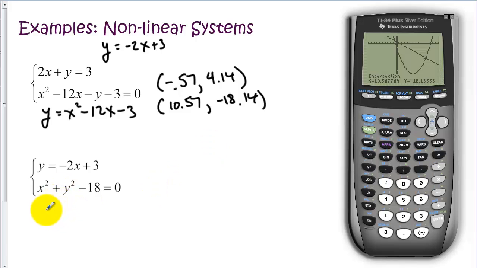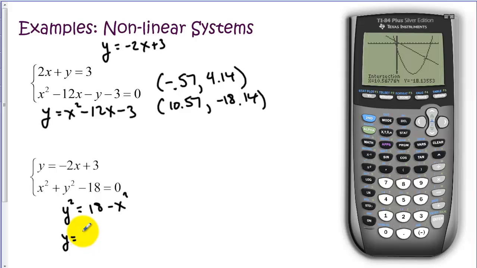Now when we look at our last one here, we've got x squared, well, let's see, we want to get the y squared by itself, so let me undo what I did there. That wasn't helpful. So we want to get the y by itself, so we first have to get the y squared by itself. So it's going to be 18 when I add that minus x squared. And now we've got to take the square root to get the y by itself.